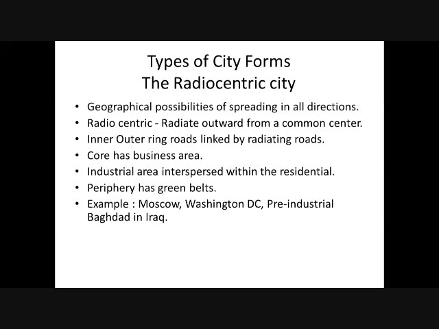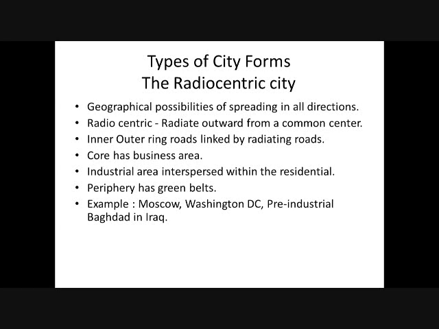Examples are Moscow, Washington, and pre-industrial Baghdad. In recent times, we have Kuwait. We have small parts of Jeddah, but Kuwait is a prototype of this application of the radiocentric city.